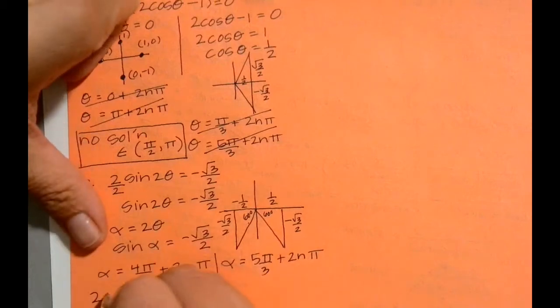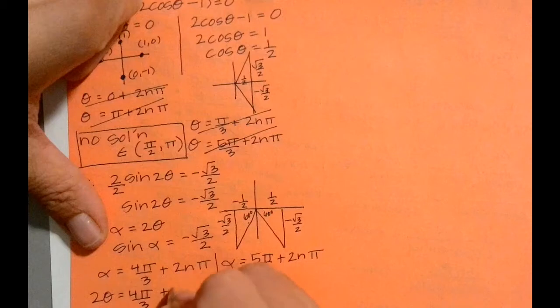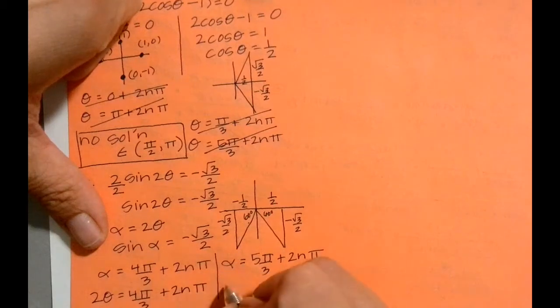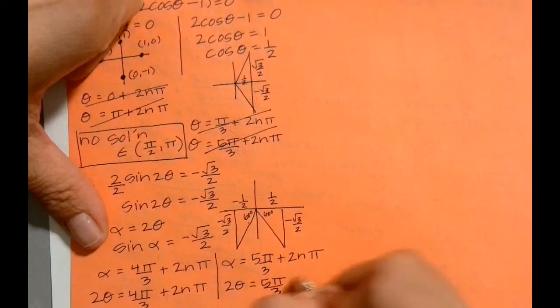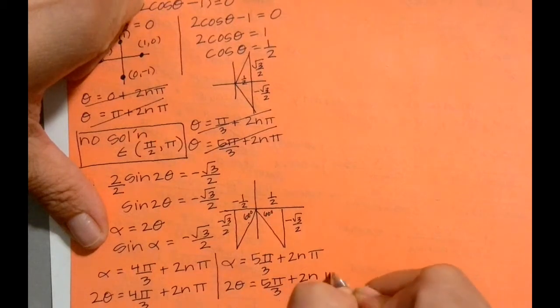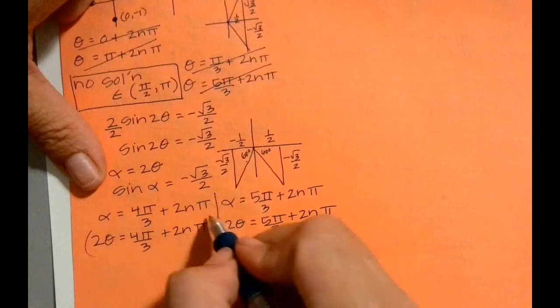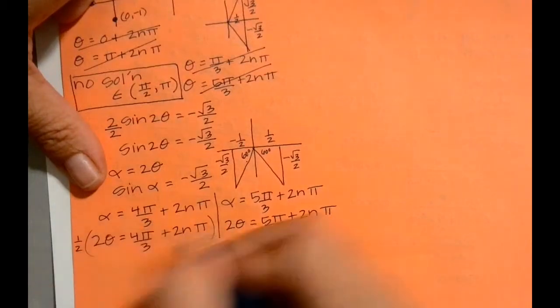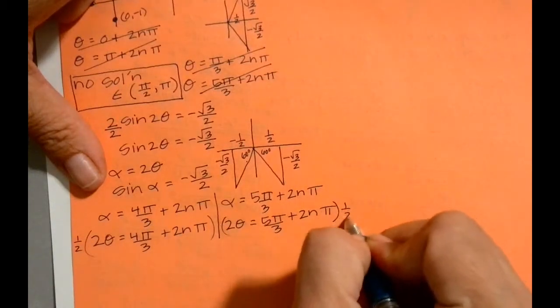theta, so 2 theta equals 4 pi over 3 plus 2n pi, and 2 theta equals 5 pi over 3 plus 2n pi. Then multiply everything by 1/2 because we have a fraction.